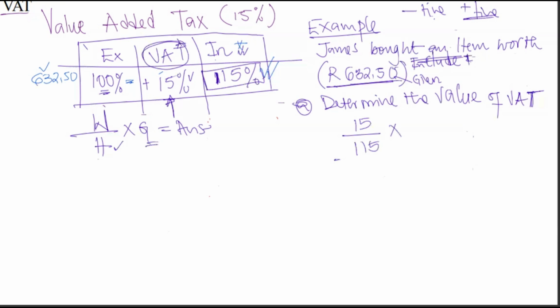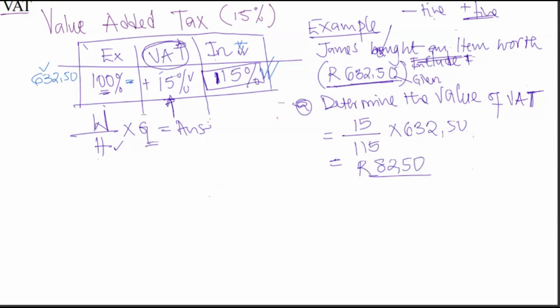Whatever is given is always in the scenario, so it's the amount in the scenario, which is 632 rands and 50 cents. Use your calculator: 15 divided by 115 times 632.50. Our VAT is this much. Those who are following, you see that now we are working backwards.